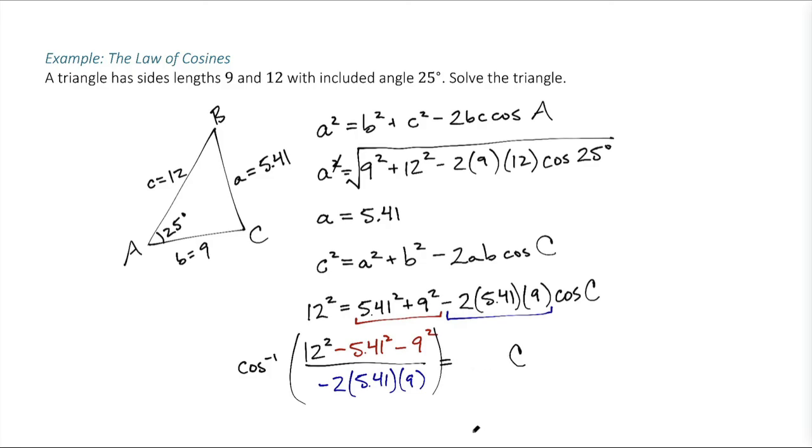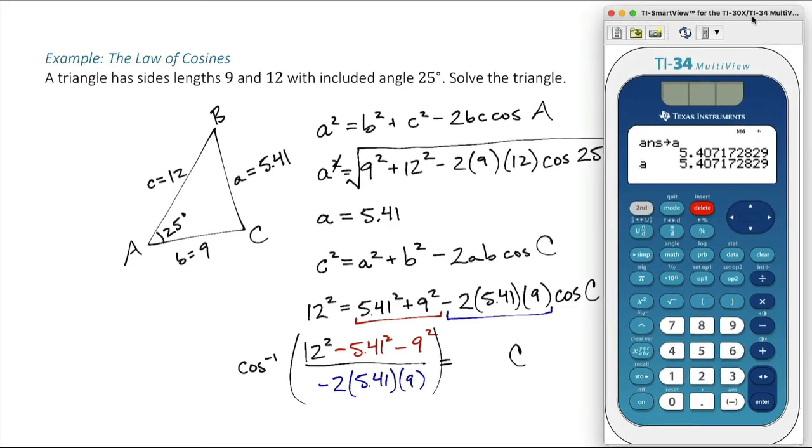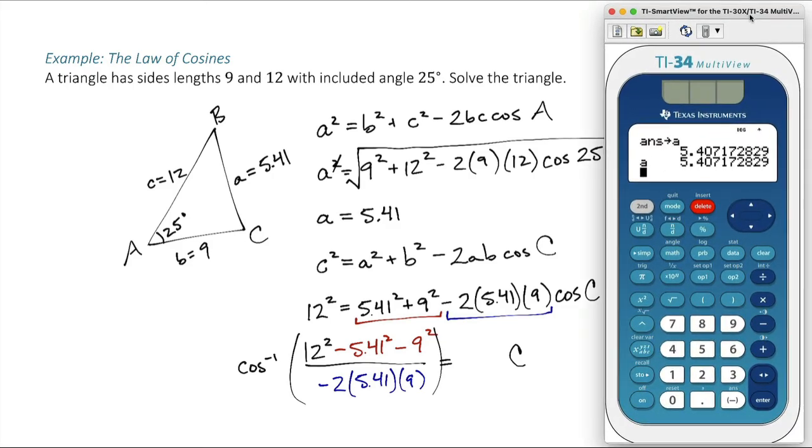And that's what I'm ready to plug into the calculator. And when I hit this point, the 5.41, I'm actually just going to use that variable A. Okay, so let's go ahead and do that here. So I've got the cosine inverse of this fraction, 12 squared minus that A squared, minus the 9 squared, over the negative 2 times A times 9.